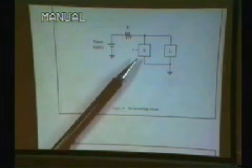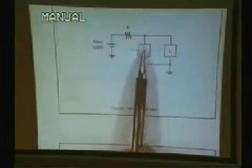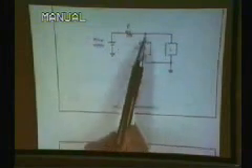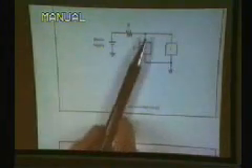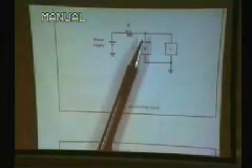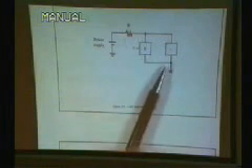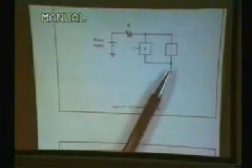Because this path would be closed, right? So the ground here would be, this point, the voltage would be equal to 0. At the same voltage level, 0 and 0, there would be no current going through the light.